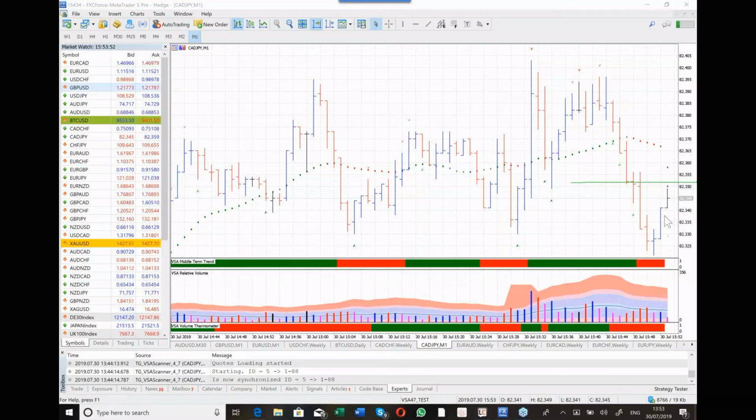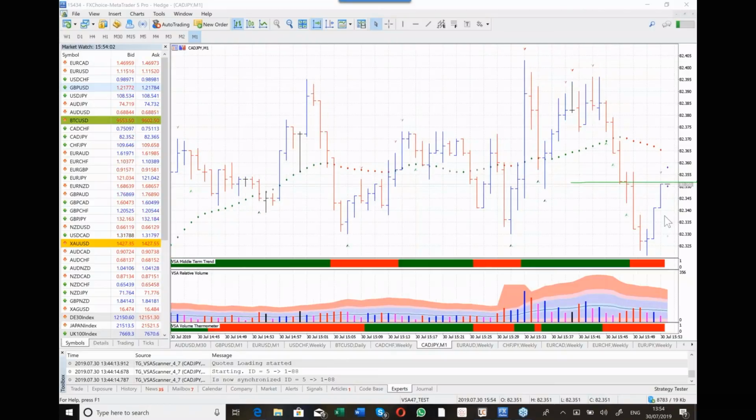Well, an example here. You can see that the price was falling, and quite a lot of retail traders will jump into the trade when the price is moving down. Don't do that. Always wait for the confirmation.